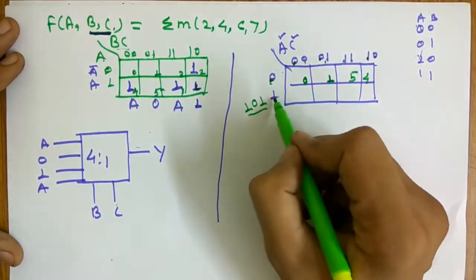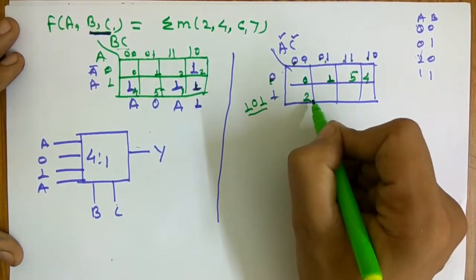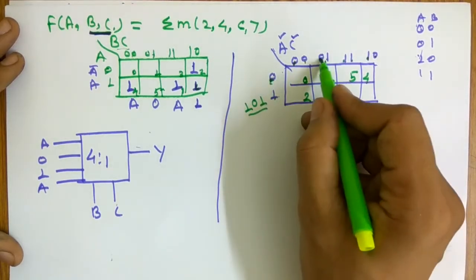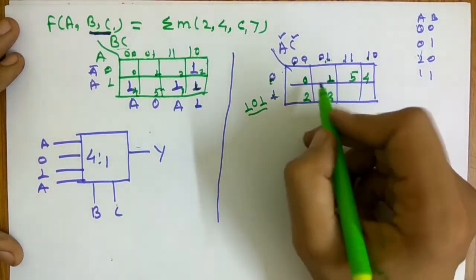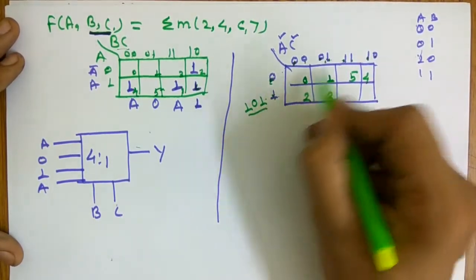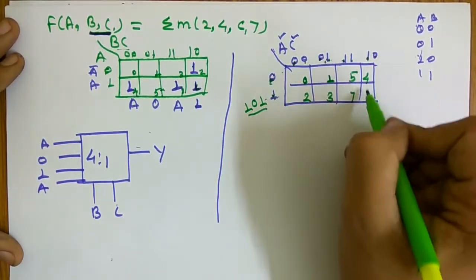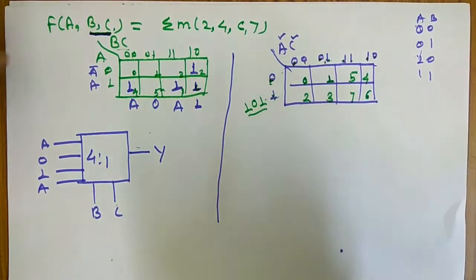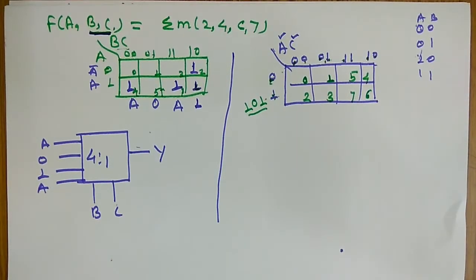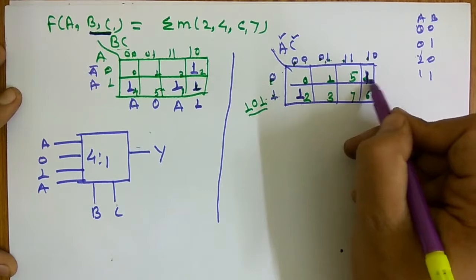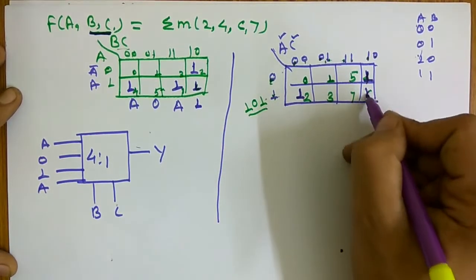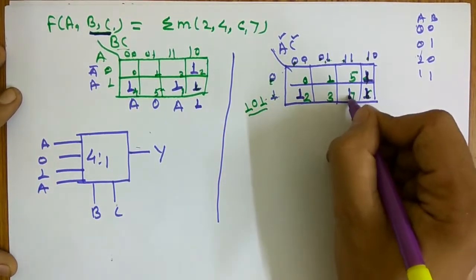This is A, B, C, so this is 2. This is A, B and C, so 3. This is A, B, C, 7, and this one is 6. Then put all the minterms into the K-map. So we know that 2, 4, 6 and 7.